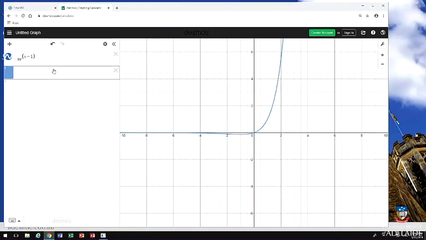And the other function was 1 plus 2x minus 1 plus 3 over 2 x minus 1 squared. There it is. Well done.